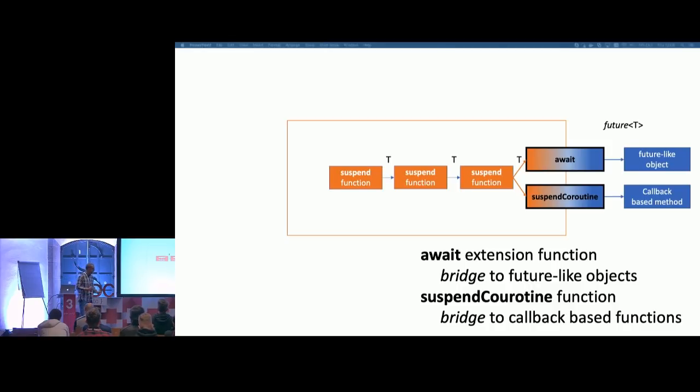No. I may have a core of the code which is suspend, doesn't need awaits, doesn't need futures. On the boundary, I may need to use await, or I may need to use suspendCoroutine because I'm interfacing with something that returns a future, or with something that is based on callbacks.